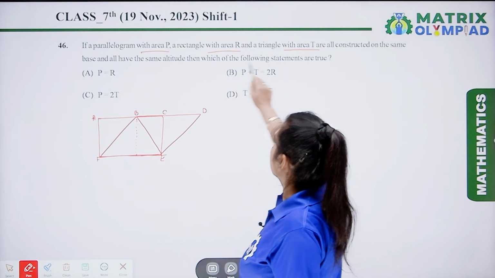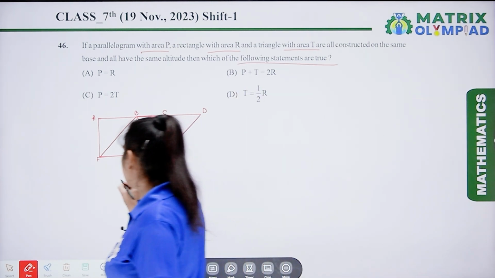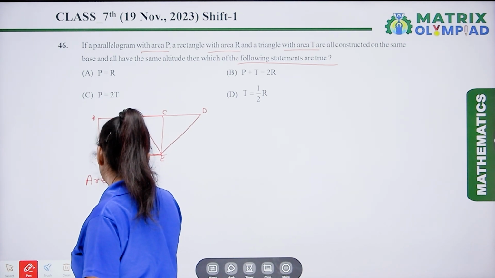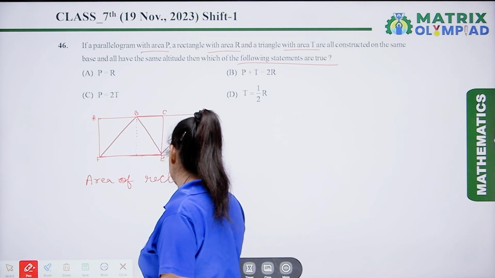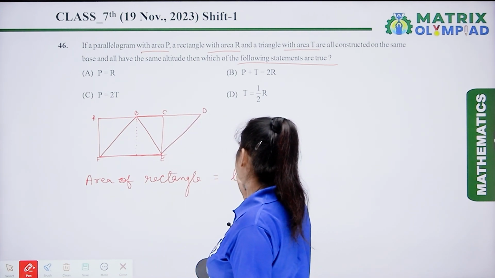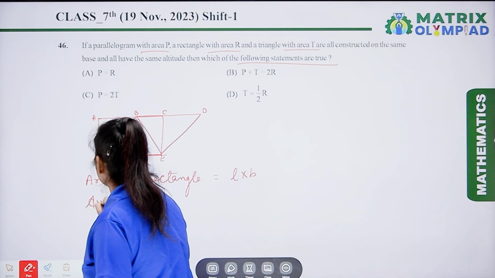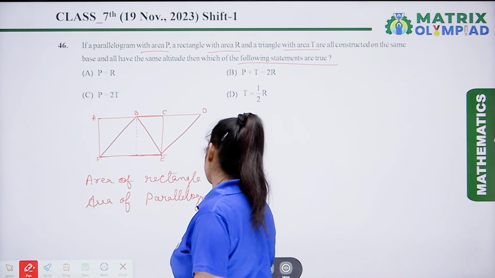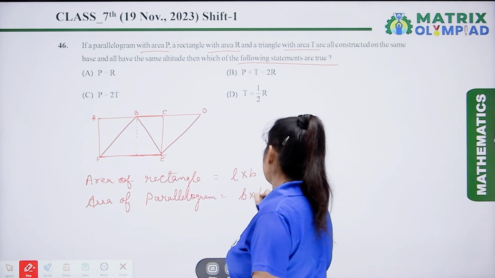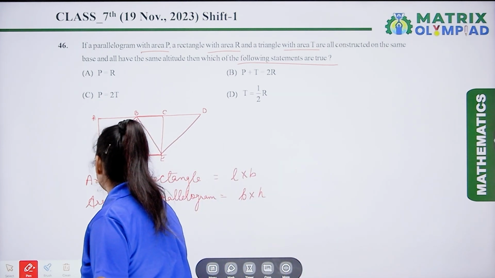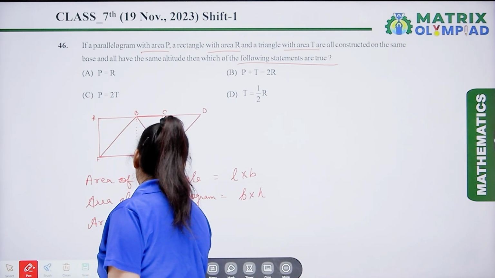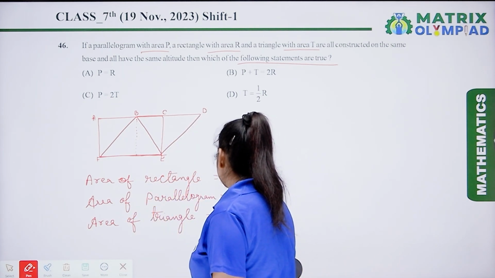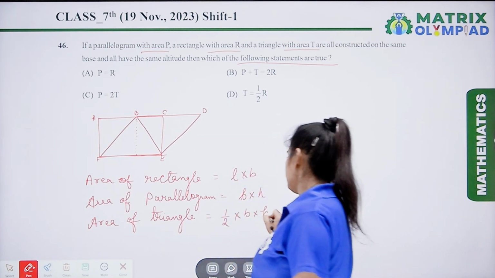Now, what we have to do? We have to find out which of the following statements are true. So, here the area of the rectangle is L into B. Area of a parallelogram is B into H, and area of a triangle is equal to half into base into height.